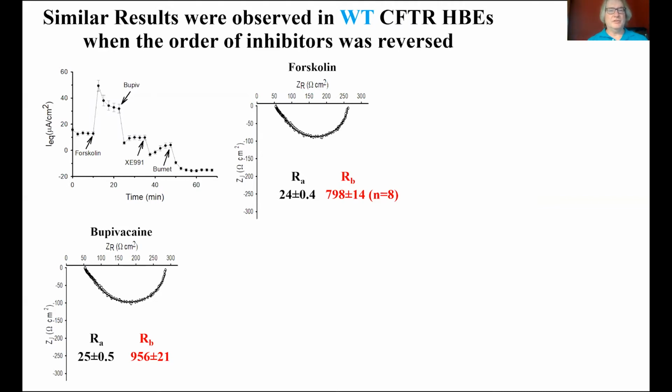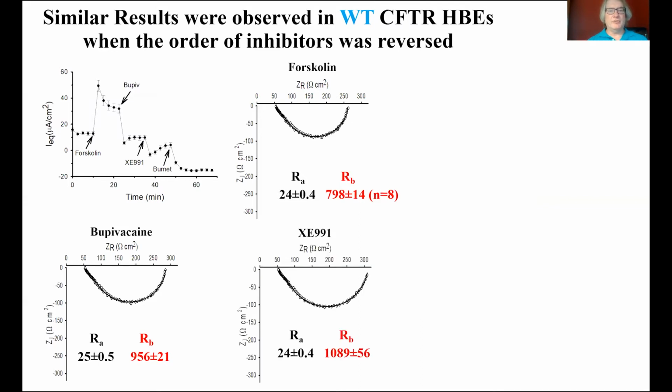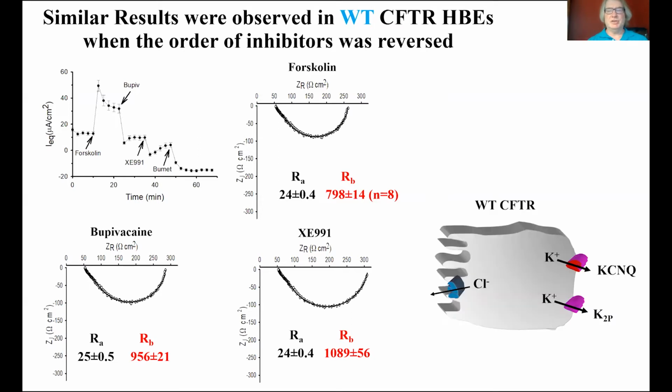The further addition of XE991 to block KCNQ3 and 5 further increased the basolateral resistance by approximately 130 ohm centimeters squared, where again it had no effect on the apical membrane resistance. So again, the addition of these blockers causing an increase in the basolateral resistance is consistent with both of these classes of channels being functionally located to the basolateral membrane in wild-type CFTR expressing HBEs.